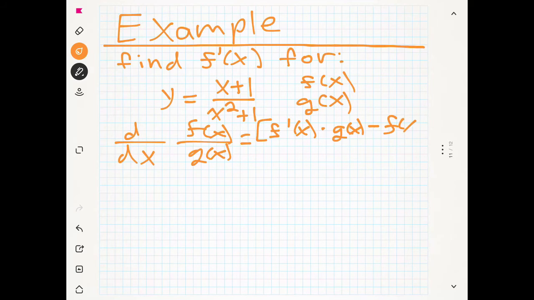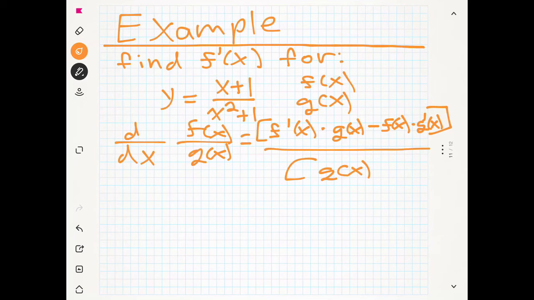So f prime of x multiplied by g of x, minus f of x multiplied by g prime of x, and then the denominator, of course, we cannot forget that, g of x all squared. All right, so that's the formula.